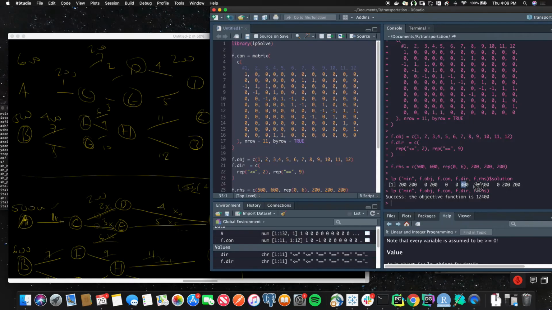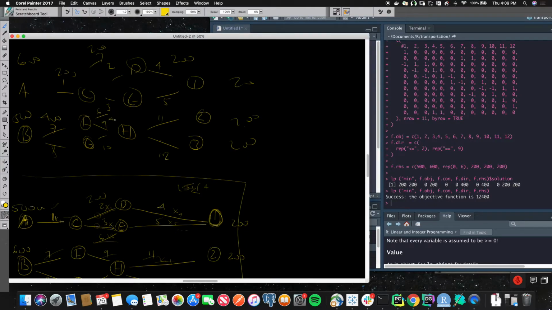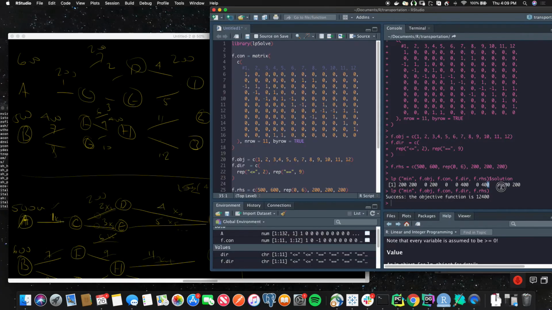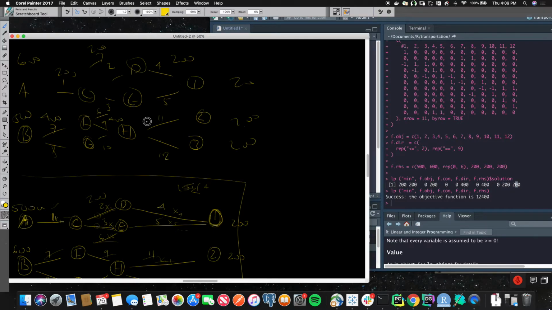And then 0 goes through x6. 0 goes through x8, yep. 400 goes through x9, 400 here to 9. Then 10, 11, 12. So 200 goes through 11 and 200 goes through 12.